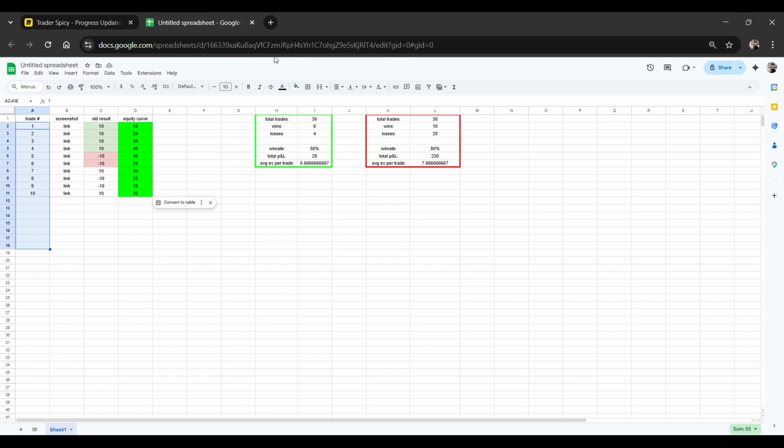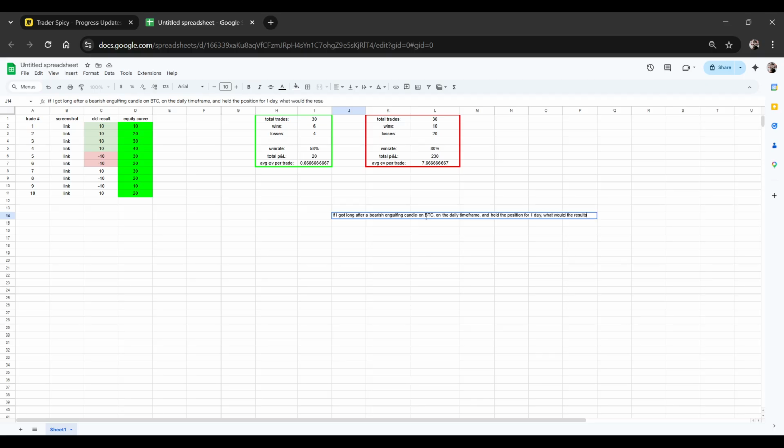So we're opening TradingView and we're testing how many times this idea happened in the past, in n units of time. So if I'm testing, if I got long after a bearish engulfing candle on BTC on the daily time frame and held a position for 1 day, what would the results be?